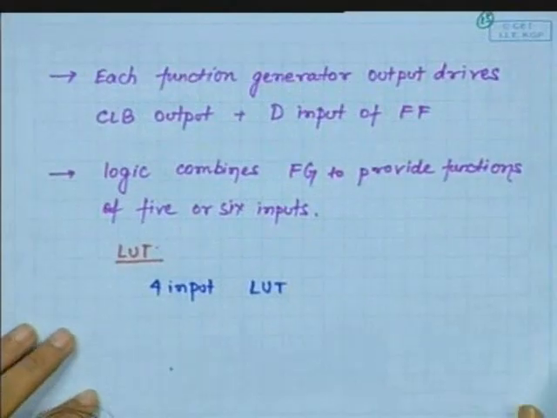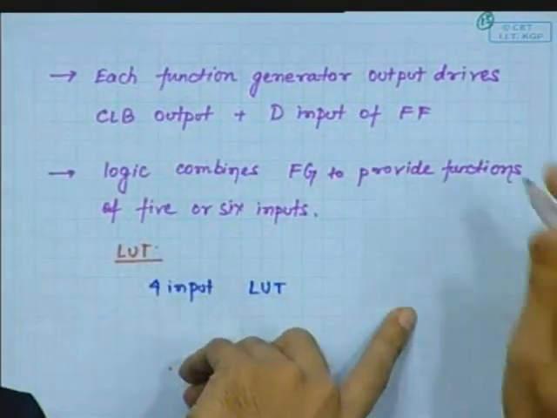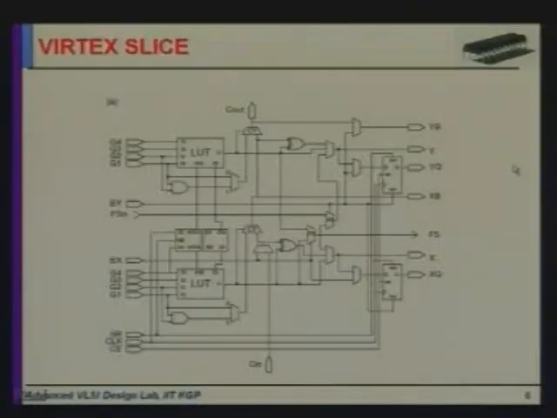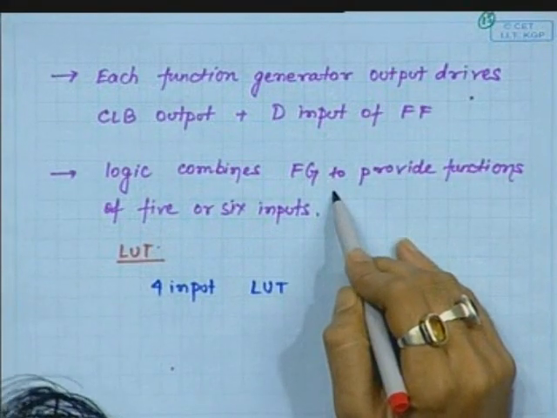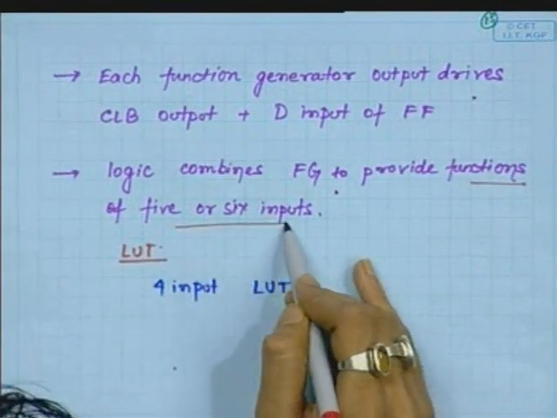Now, each function generator output drives the CLB output. Here this is the function generator, it drives the CLB output, or it drives the input of a D flip flop. Okay. Now these two function generators can be combined to provide functions of 5 to 6 inputs.